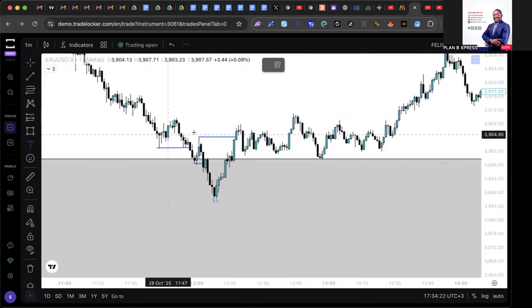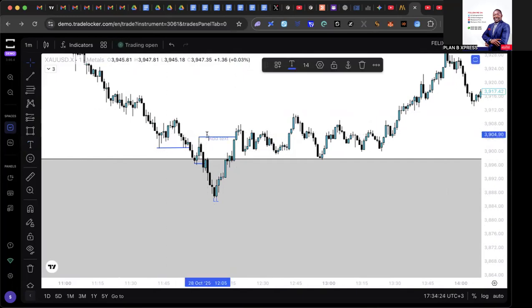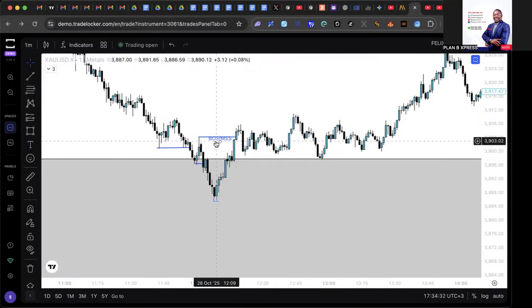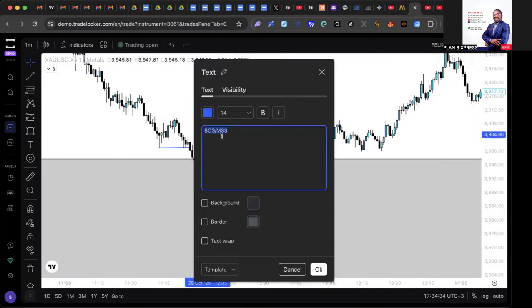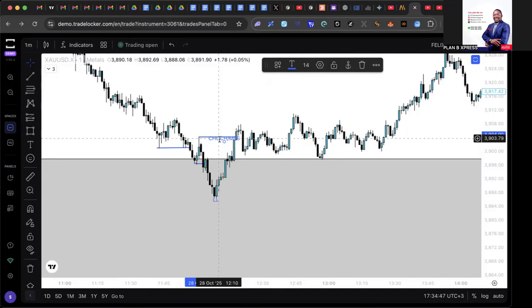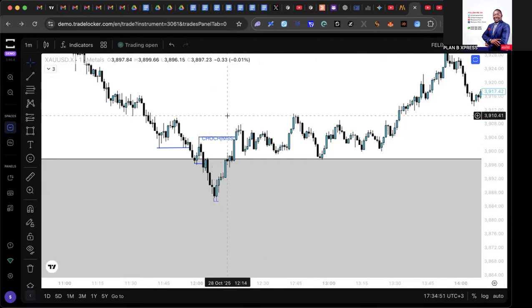It's called either change of character or MSS, market structure shift. Okay, so understand that's what has happened here.